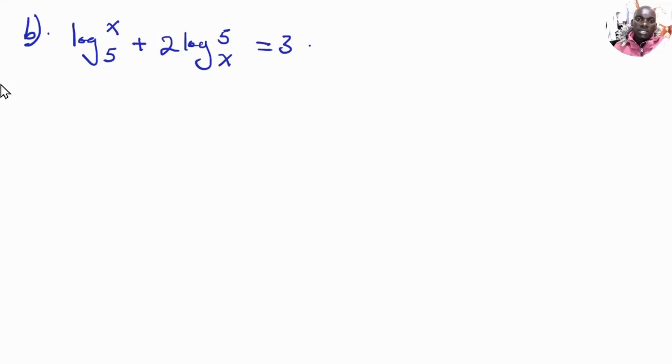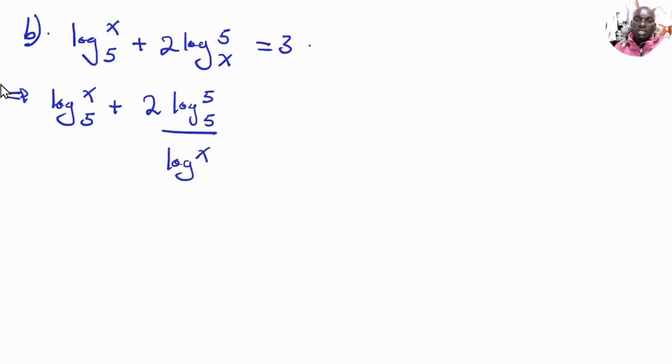So we have the log of x base 5 plus, this is the same as 2 multiplied by the log of 5 base 5 divided by the log of x base 5, equal to 3, but the log of 5 base 5 equals 1. So now let us substitute.